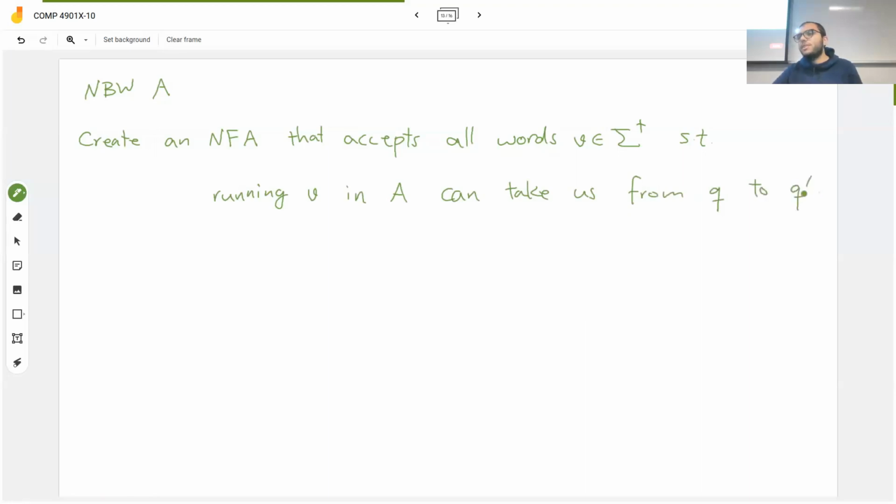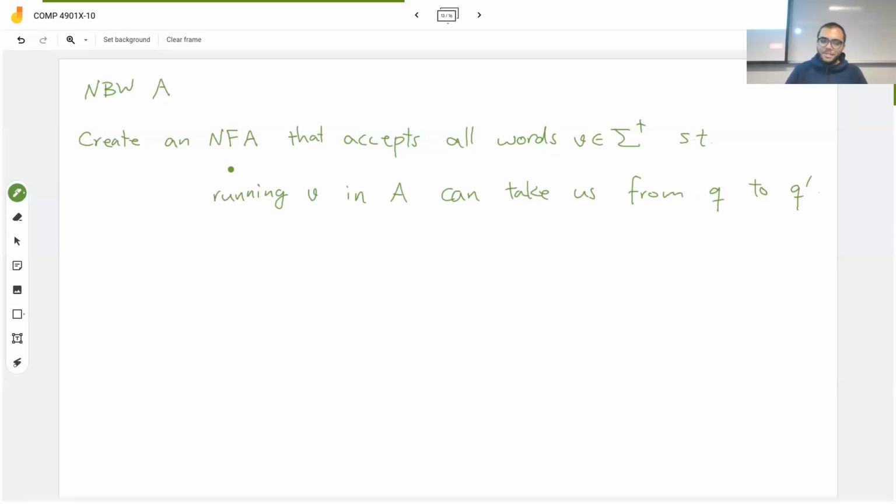Q and Q prime are states of A. Okay, this is very easy. You just copy A. You say my starting state is Q. My only accepting state is Q prime. Right? And this gives you the NFA that you want. It accepts all the words that go from Q to Q prime.